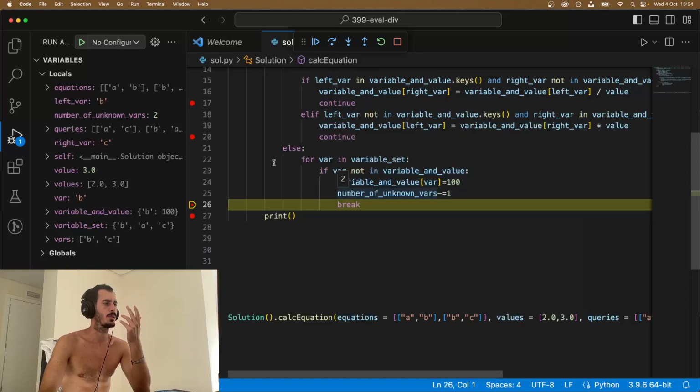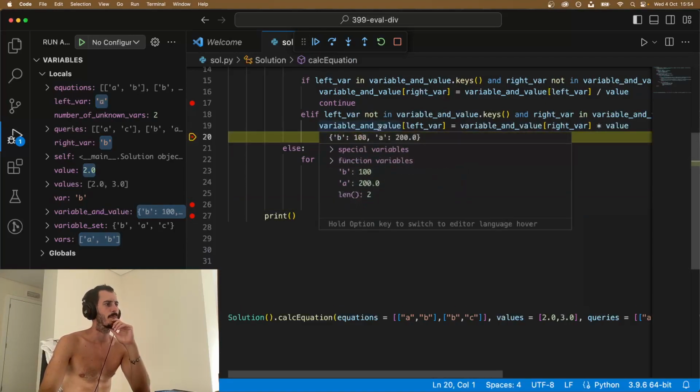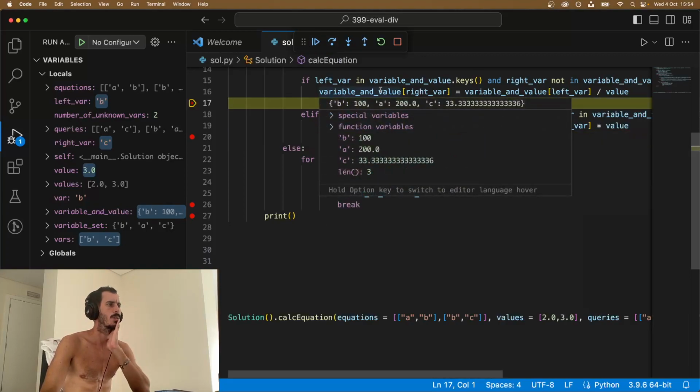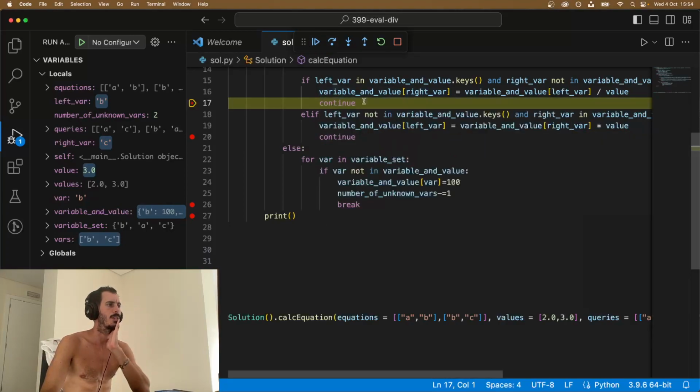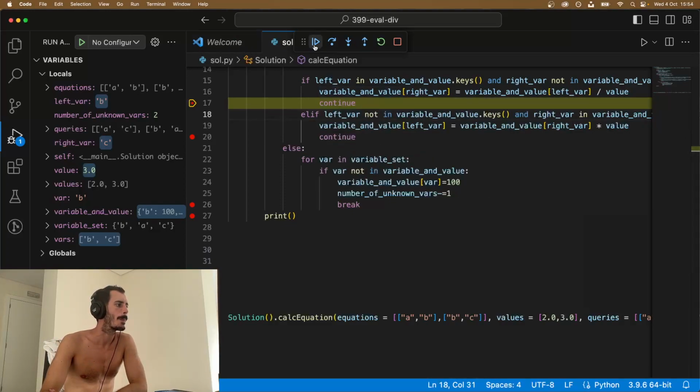And now we have two unknown variables. So we continue and we say, hey, now variable a is 200, and also variable c is now, what is it? 33.3333. Cool.